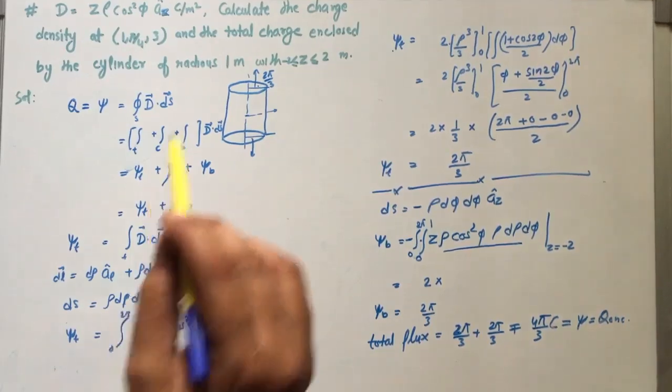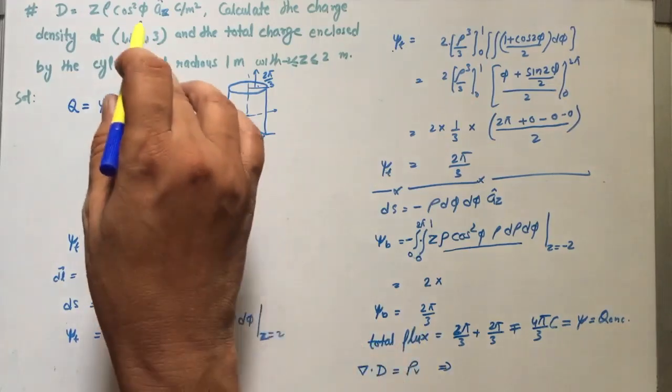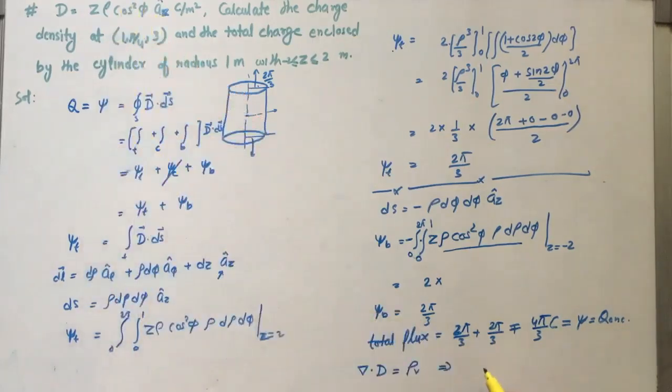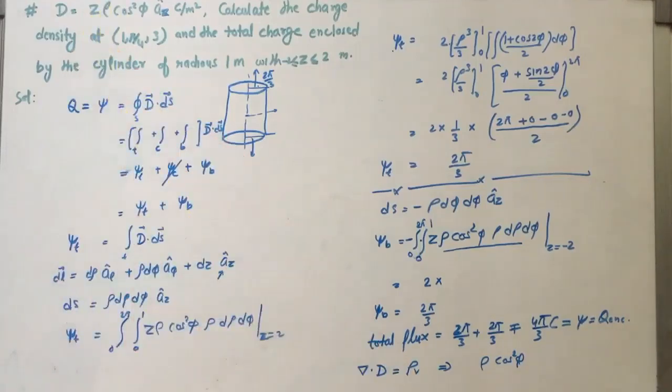And still the charge density is required to find. From the previous question and from the study we know del dot D will give us rho v. If we proceed, the derivative in the z direction will be there only, and the derivative with respect to z will give us rho cos square phi. The remaining quantities will be considered constant, only z will be differentiated.